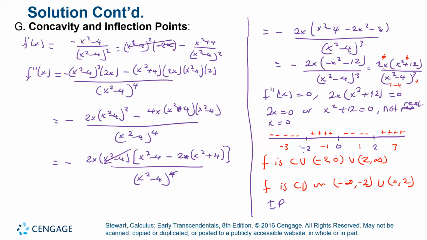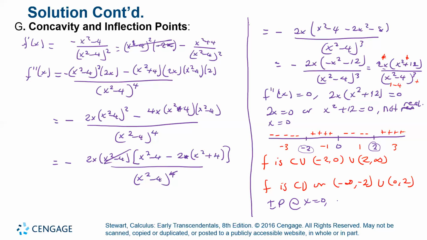If these were not vertical asymptotes, then we would have three inflection points, at -2, at 0, and then at +2. But because -2 and +2 are vertical asymptotes, you can't have this. All right, so the only inflection point is at x equal to 0.